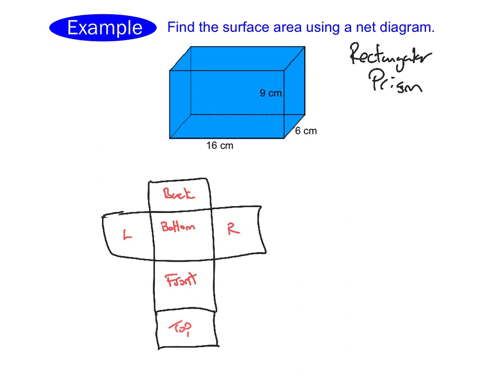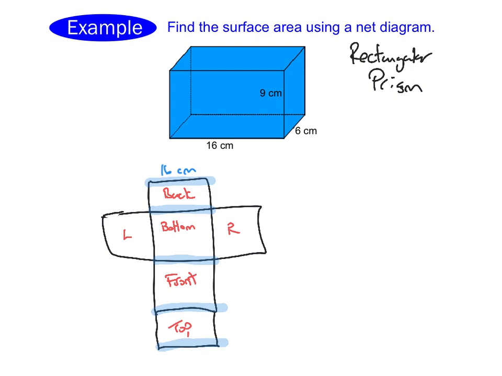I can see in the diagram here that the length is 16 centimeters. So just so that we can see that, that means that this is 16, this is 16, this is 16, this is 16, and this is 16. They're all 16. So that right there is 16 centimeters.